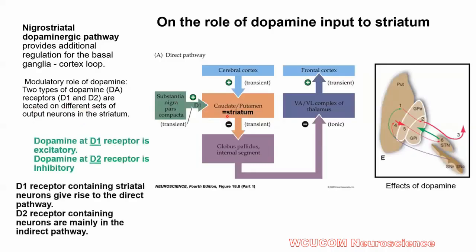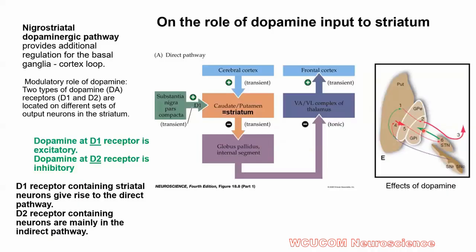Of course, dopamine at the D1 receptor is excitatory, and dopamine at D2 is inhibitory. And the D1 receptor containing striatal neurons participate in the direct pathway, and the D2 receptor containing neurons are mainly in the indirect pathway, as indicated here.